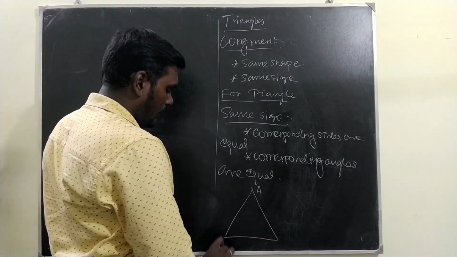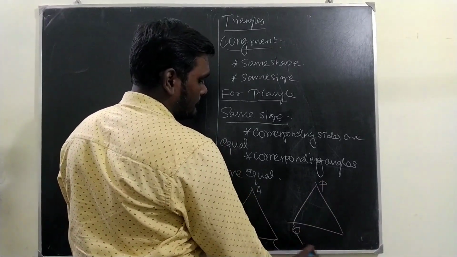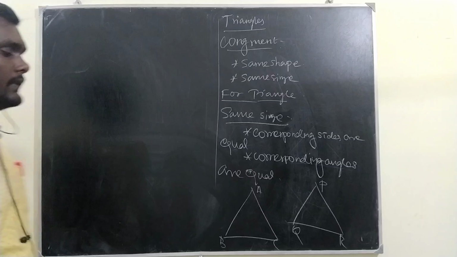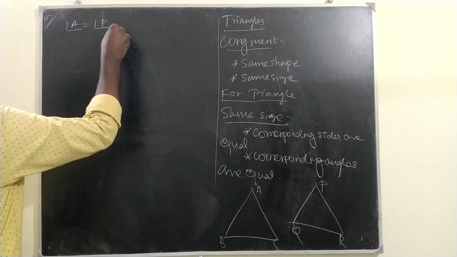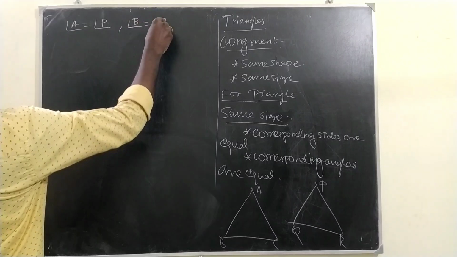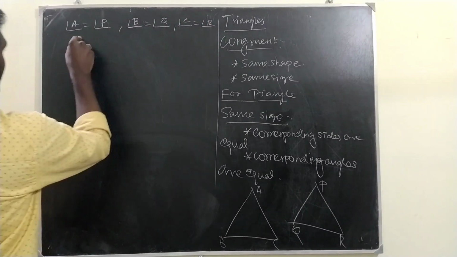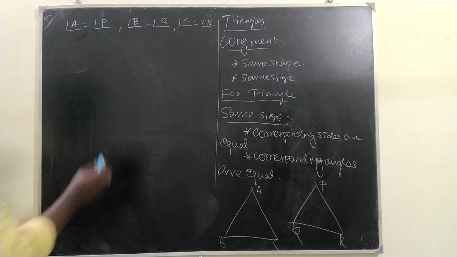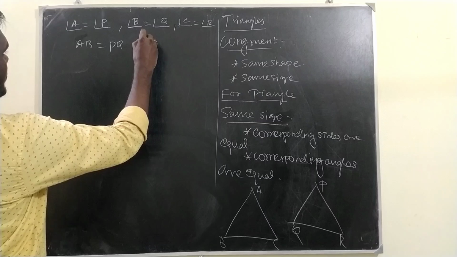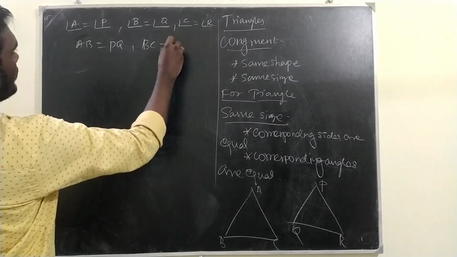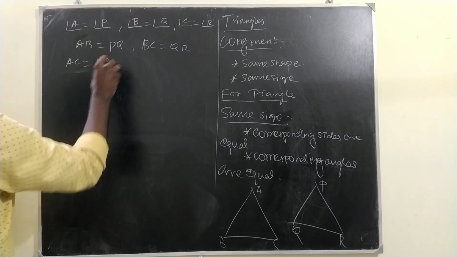Say we have these two triangles, ABC and PQR. We can say these two are congruent if angle A is equal to angle P, angle B is equal to angle Q, and angle C is equal to angle R. Not only that, side AB should be equal to PQ, side BC equal to QR, and side AC equal to PR.